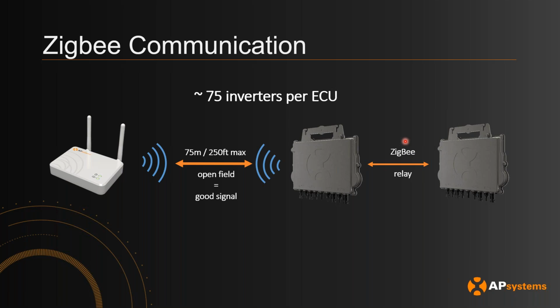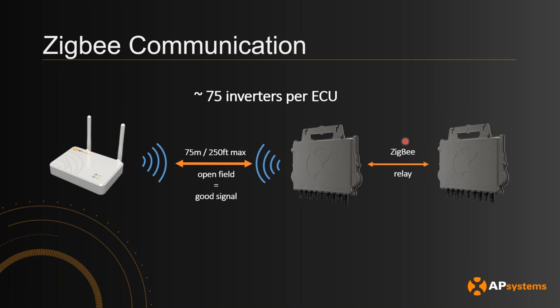So the microinverters talk to each other and pass data along into the ECU. And in general, we say 75 microinverters per ECU. It's not a hard limit. It is possible to put a little bit more than 75 microinverters, but it's possible that the latency of the data increases, so data might be slightly slower with more traffic.